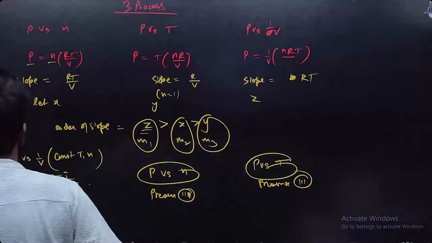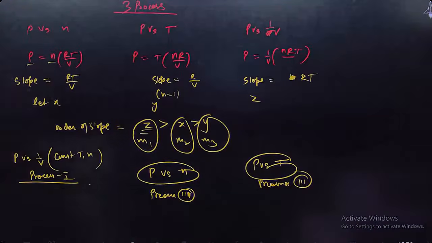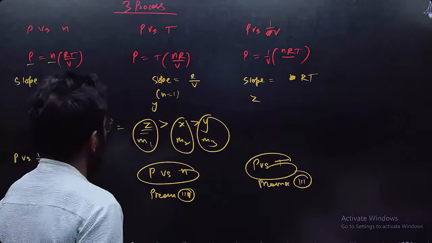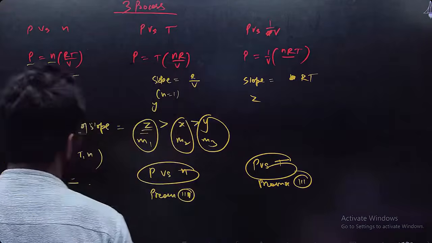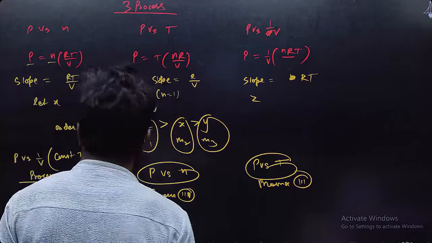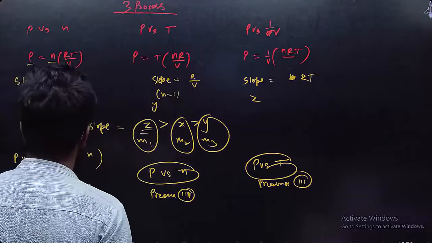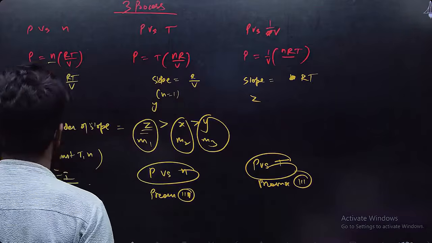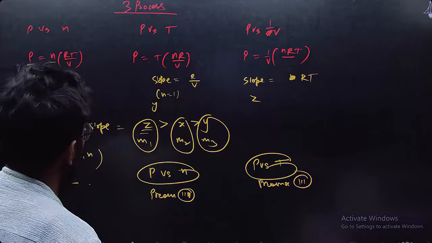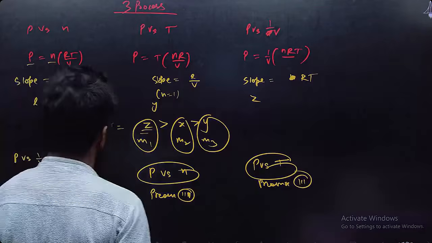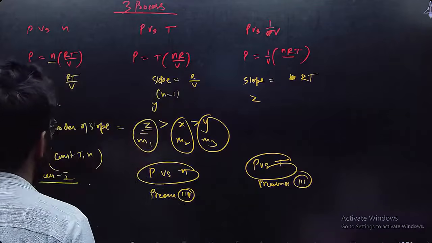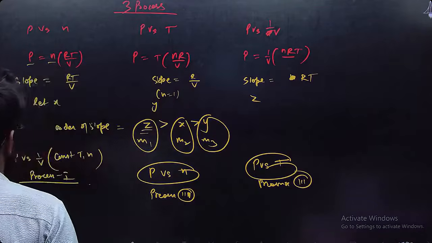P versus n, RT by V, R by V and RT. Z should be having m1, so m1 is Z. So the first process is P versus 1 upon V and RT. Has something gone wrong?